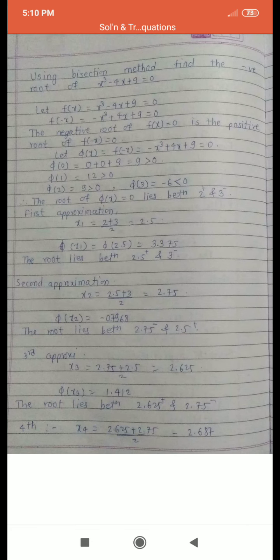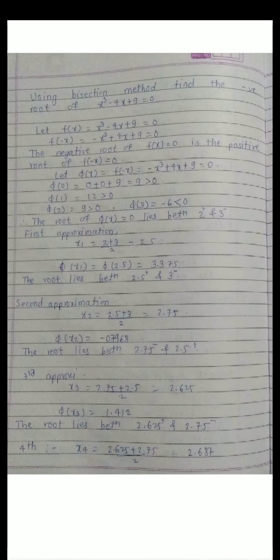Therefore our first approximation is the arithmetic mean of these two values, 2 and 3. Therefore x1 is equal to 2 plus 3 by 2, which is 2.5. This is our first approximation. Now by the same working rule we have to check the sign of phi of x1, that is phi of 2.5.